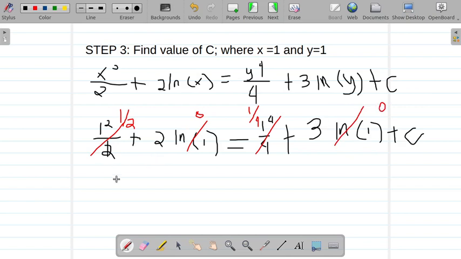So, ang mabilin is 1/2 is equals to 1/4 plus c. So, to find the value of c, transpose lang nimo ang 1/4 dito sa pikas nga side. So, mahimong 1/2 minus 1/4. So, ang answer is c is just equals to 1/4.